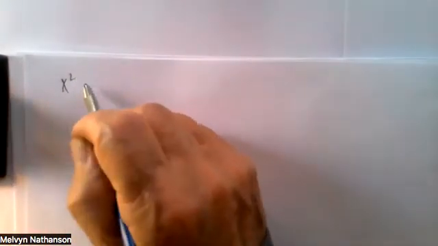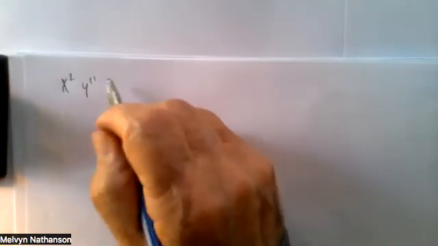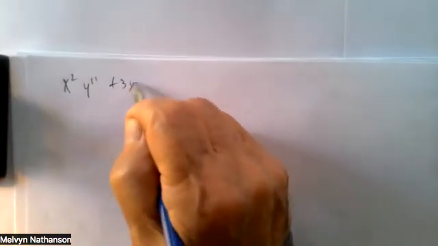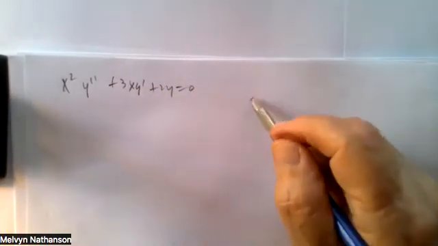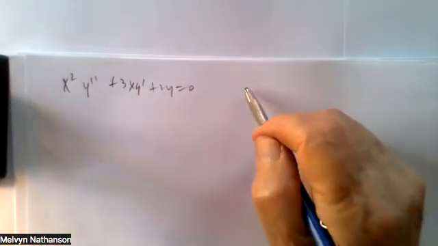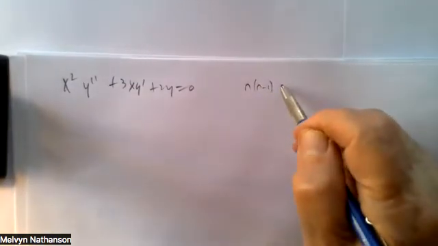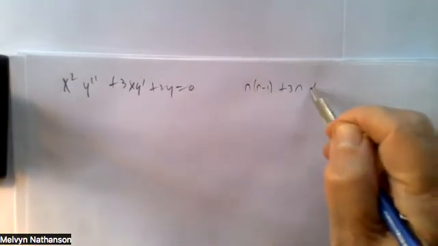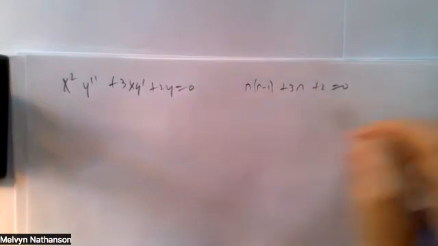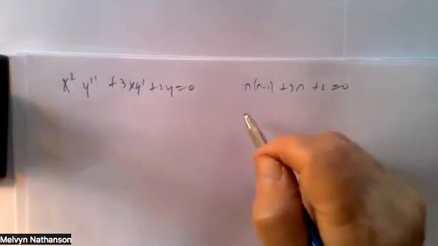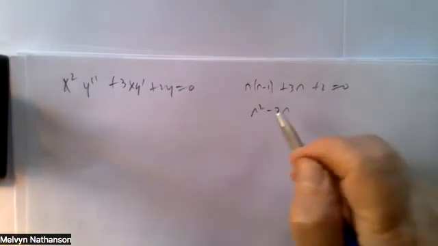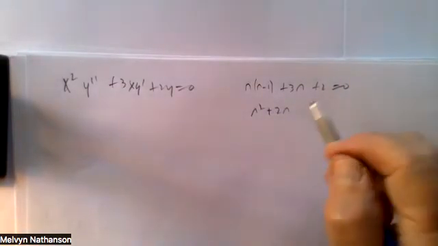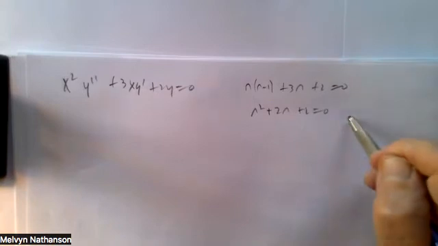x squared y double prime plus 3x y prime plus 2y equals 0. And when we solve the equation r times r minus 1 plus 3r plus 2 equals 0, this is the same as r squared plus 2r plus 2 equals 0.